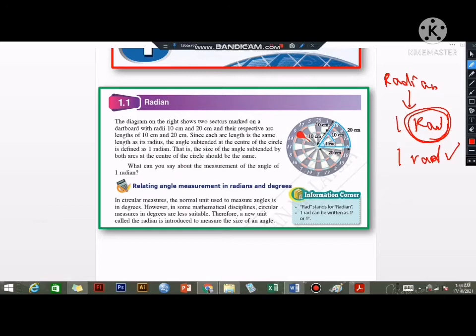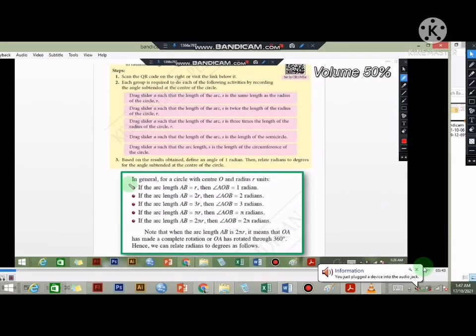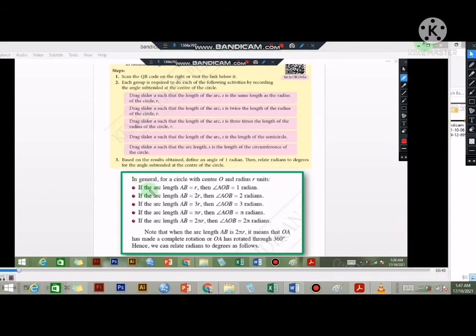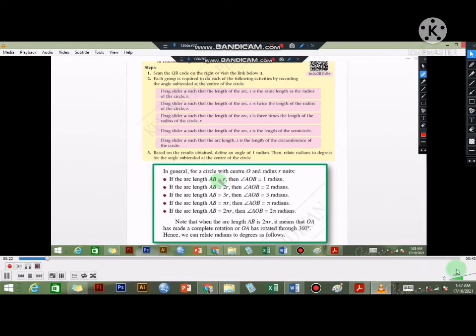Okay, what I just showed you just now, which is if the length of arc AB is equal to r, so the angle in the unit radian is equal to 1 radian. And if the arc length AB is equal to 2r, then the angle will equal 2 radian. If the arc length AB is equal to 3r, then the angle is equal to 3 radian.